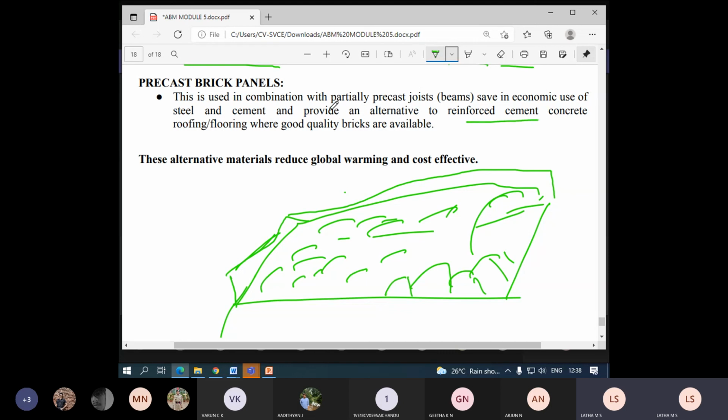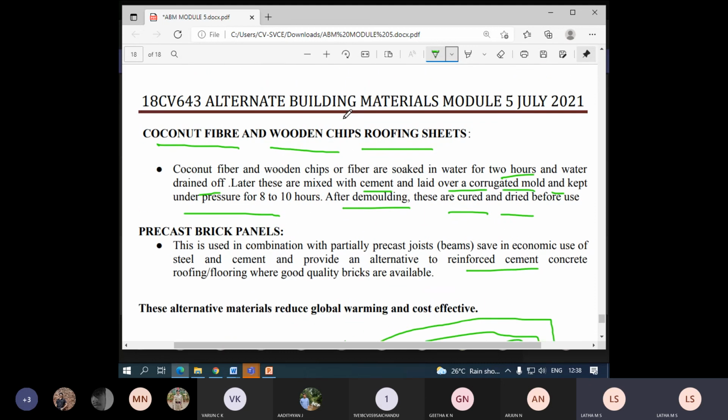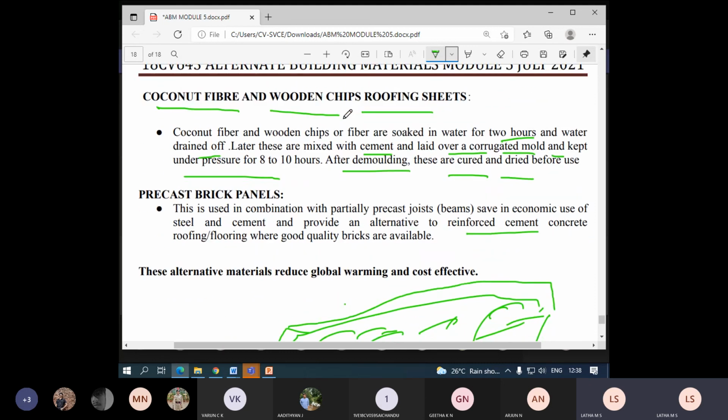You can either use a brick or RCC and form it into a panel. Similarly, you can use that panel for the roof construction. Alright, students. There are many other alternatives also. So these materials will readily reduce the energy level and reduce the cost.